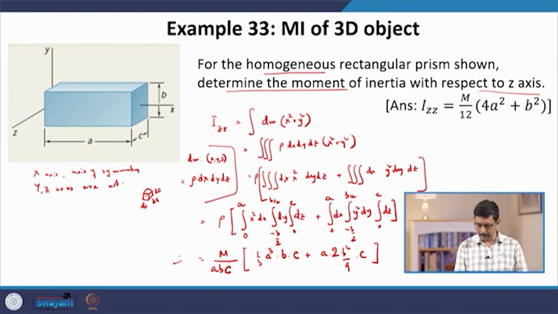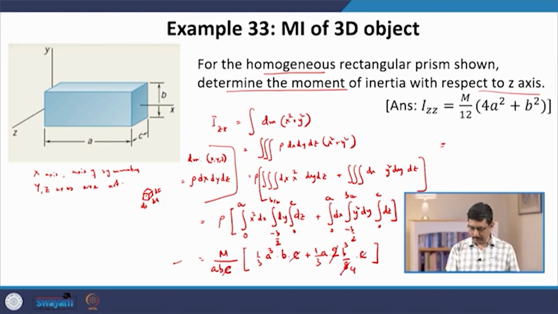So, if I simplify it, this is b cube by 8, so this becomes 4, and here 1 by 3. Then the c gets cancelled from both the terms.